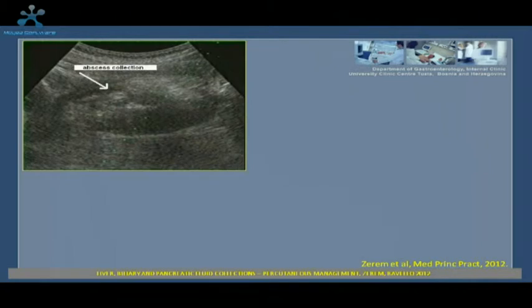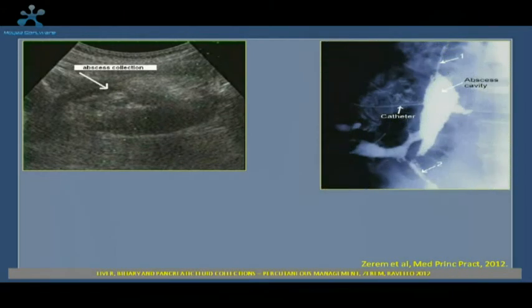I present this large retropancreatic abscess collection with two fistulas, after triple necrosectomy for necrotizing pancreatitis.